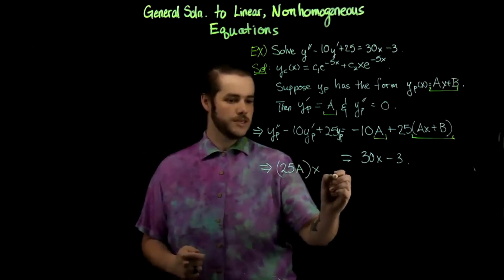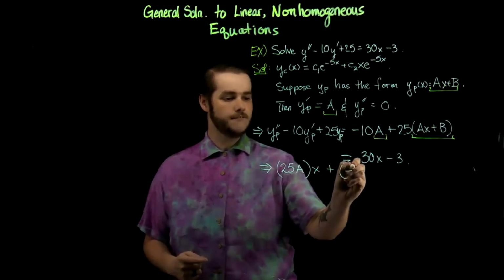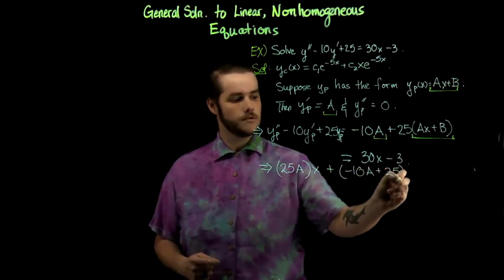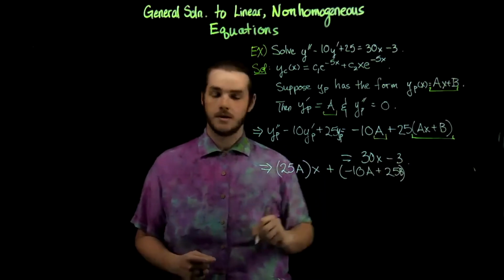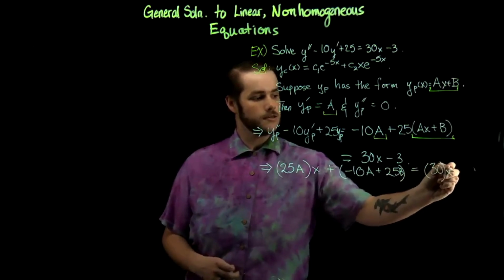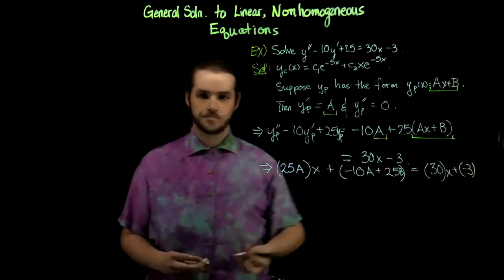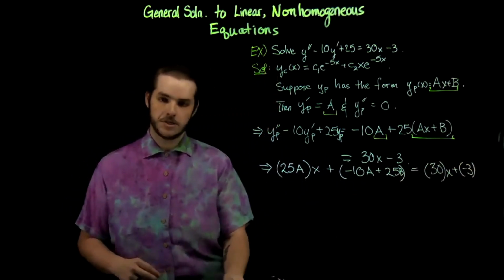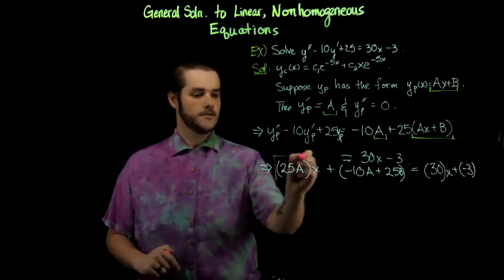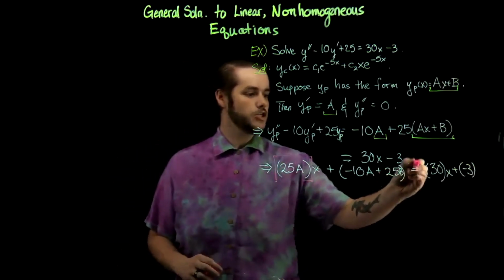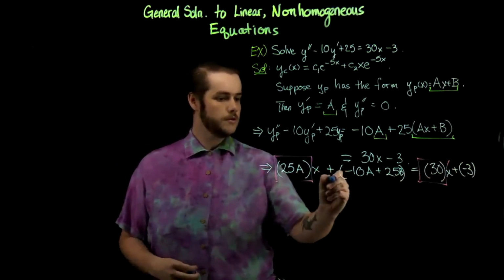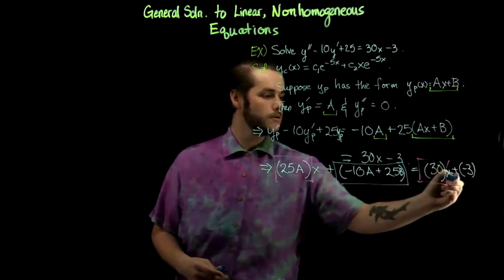And then my constant terms, I've got a negative 10a, and I've got a 25b. And those should equal 30x plus 3. Now what I want to do is choose a and b to ensure that the coefficients on the x's match and ensure that the constant terms match.